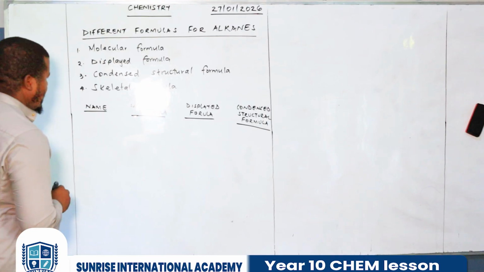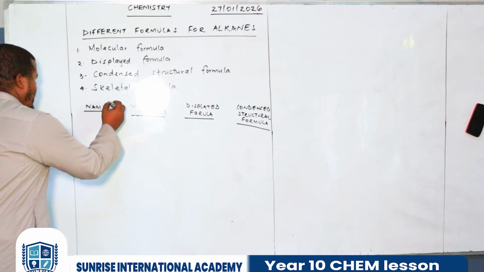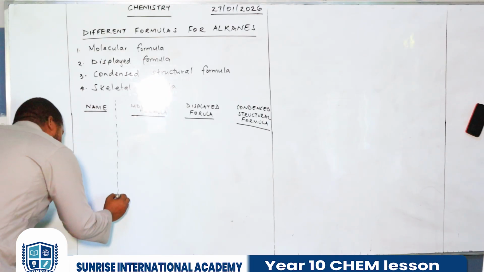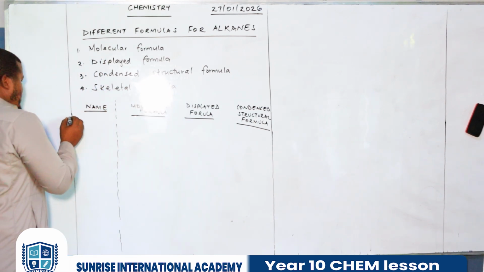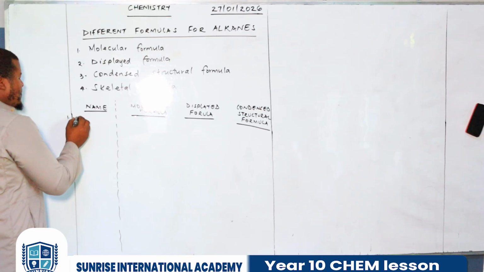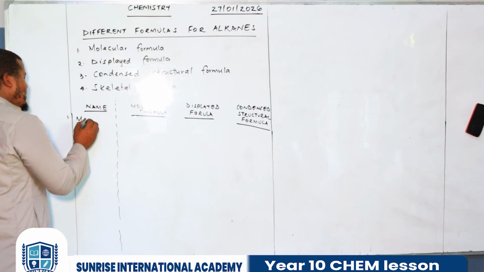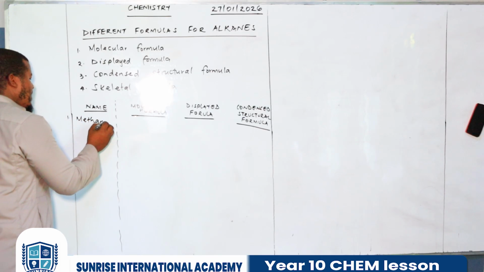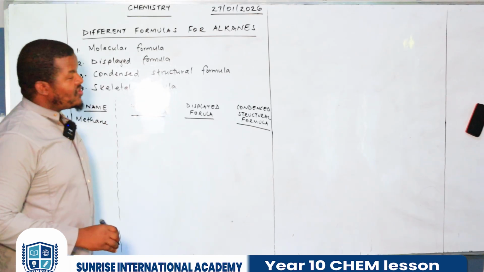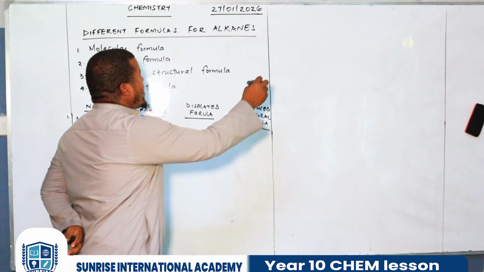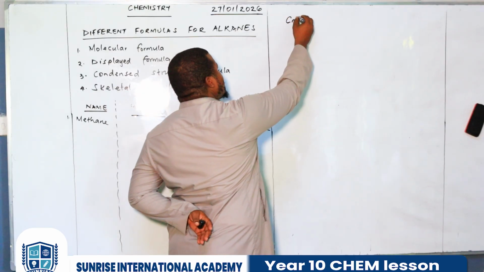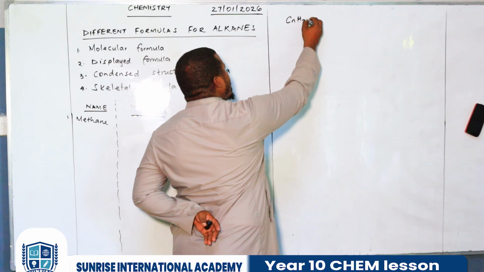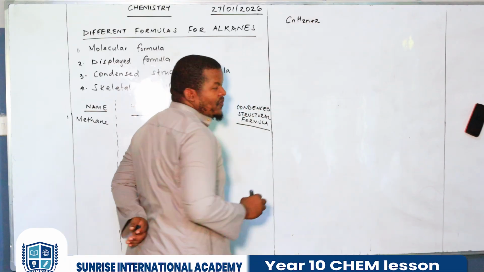Let's look at that. So number 1, we look at methane. From our previous lesson, we did say that alkanes have a general molecular formula of CnH2n+2.